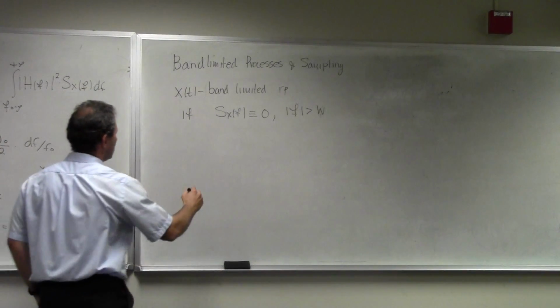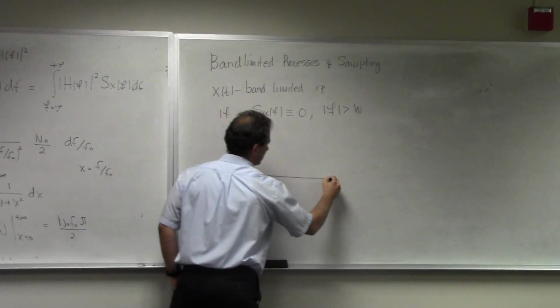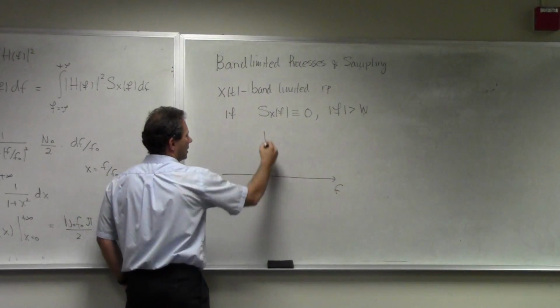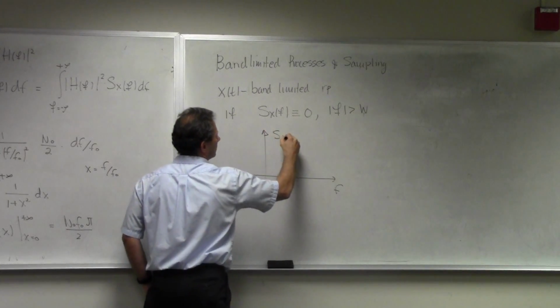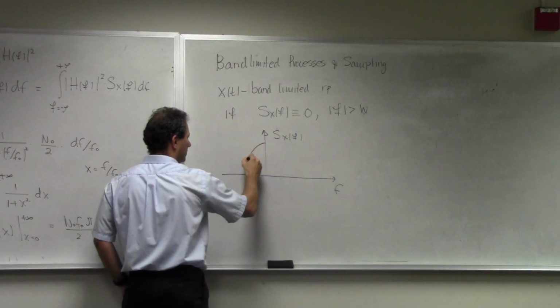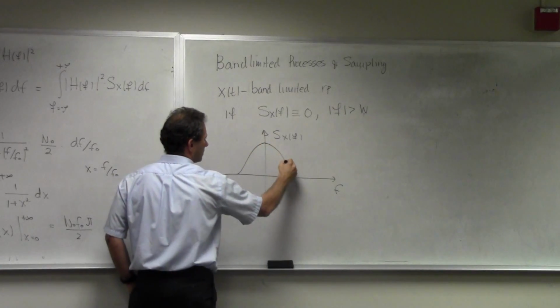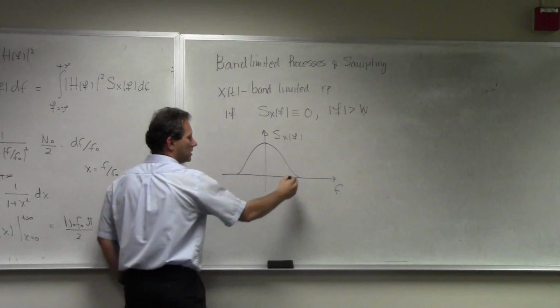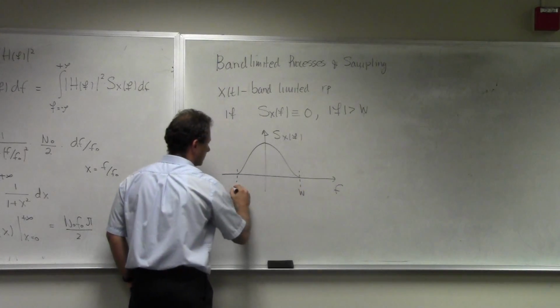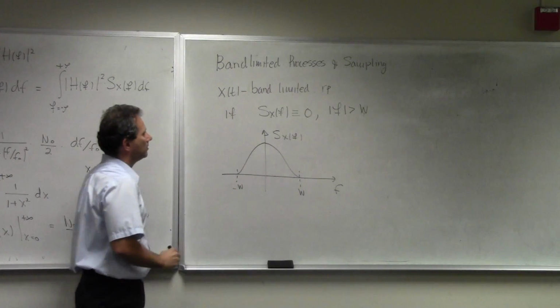It doesn't really become clear until you draw it. So this is the frequency axis, and this is S x of f. What I'm claiming here is that the process is band-limited if its power spectral density is essentially equal to 0 whenever the frequencies are outside of this range, minus W to W.